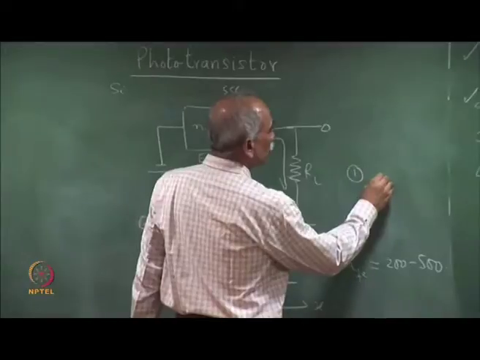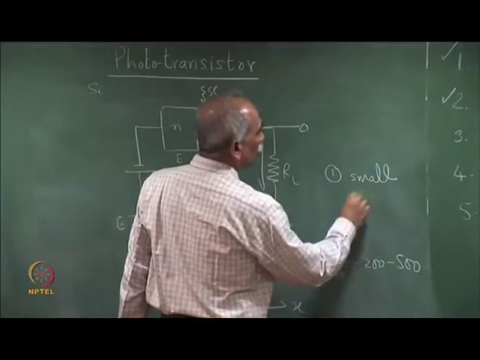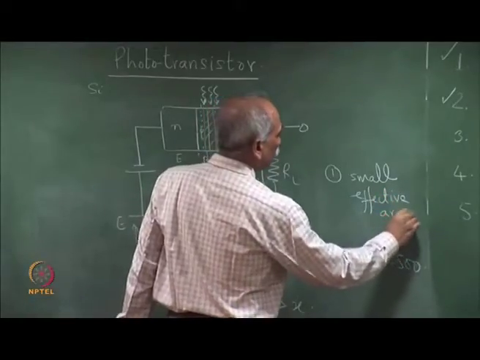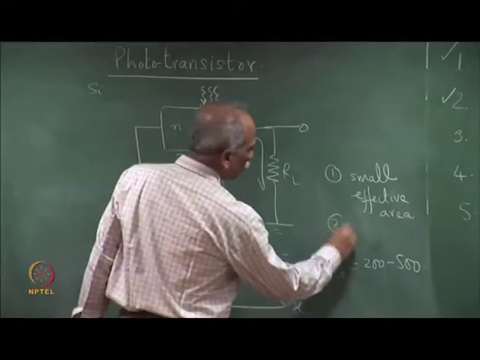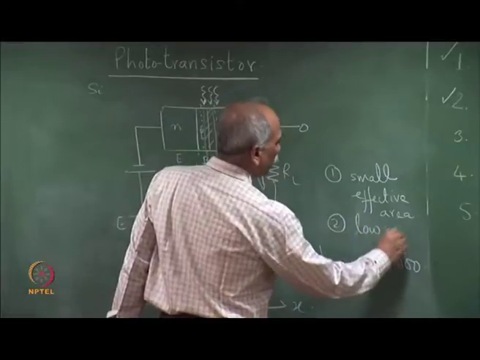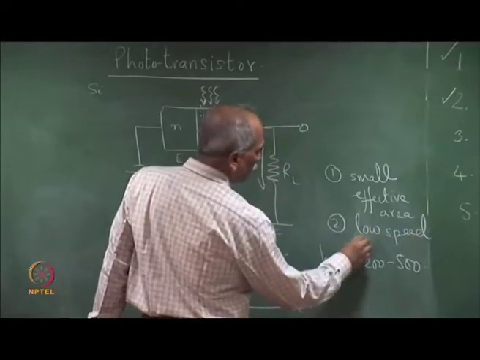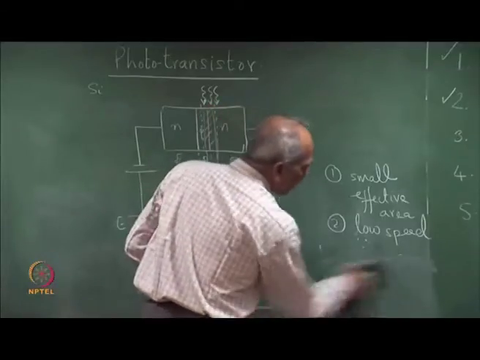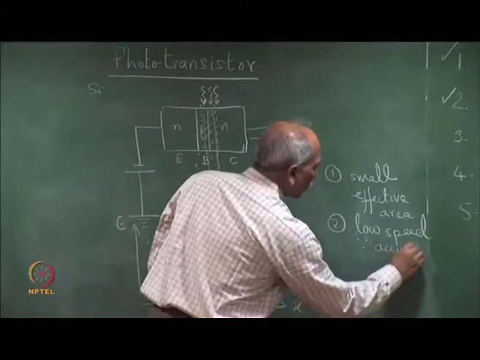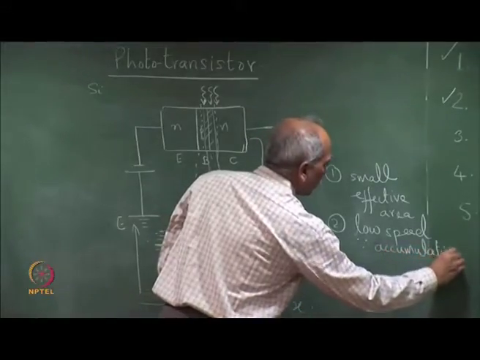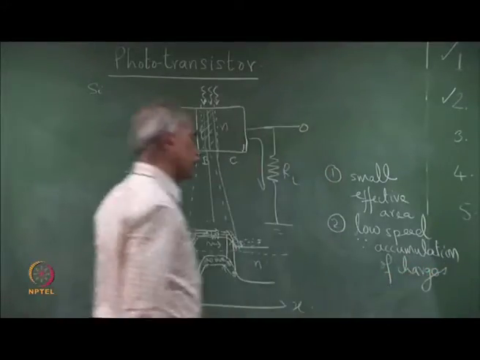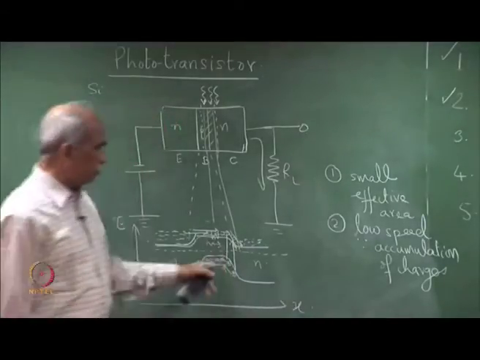One is small active area, small effective area, and two, low speed, because of accumulation of charges in the base region.